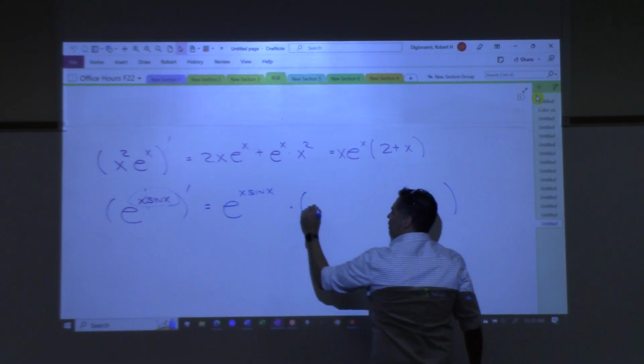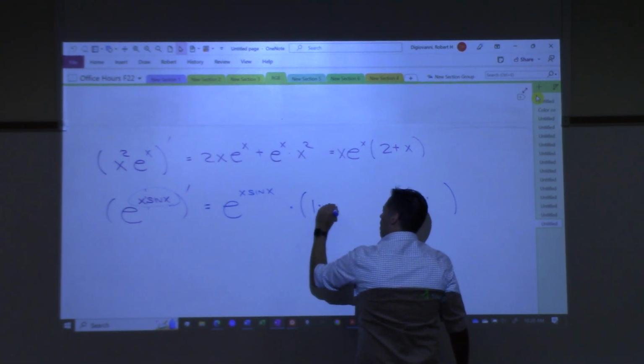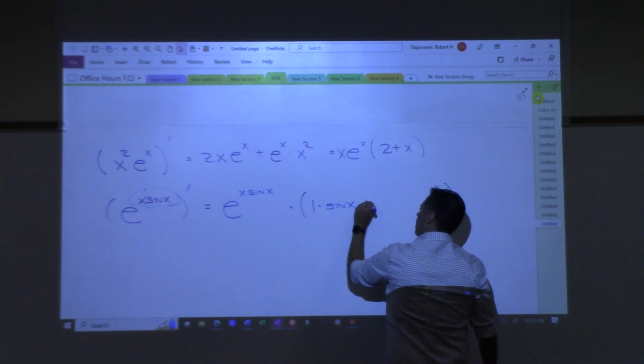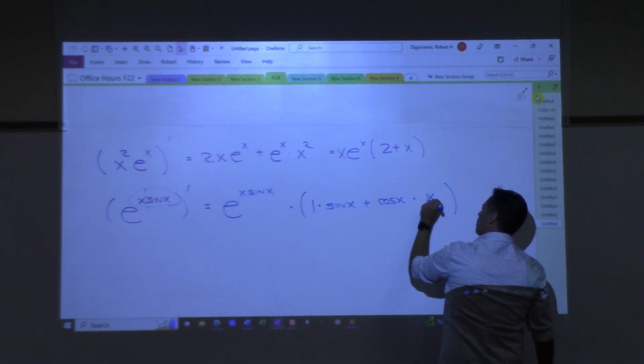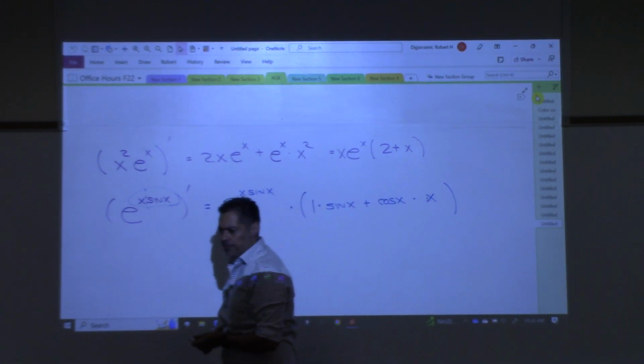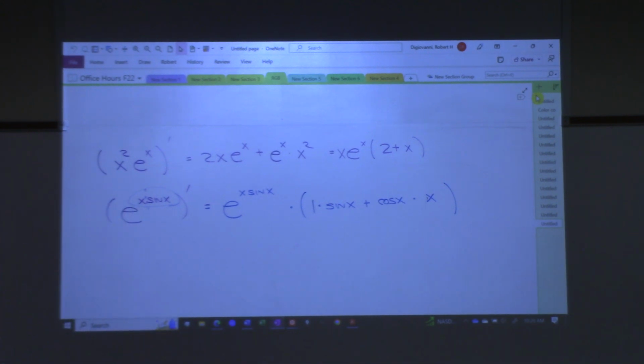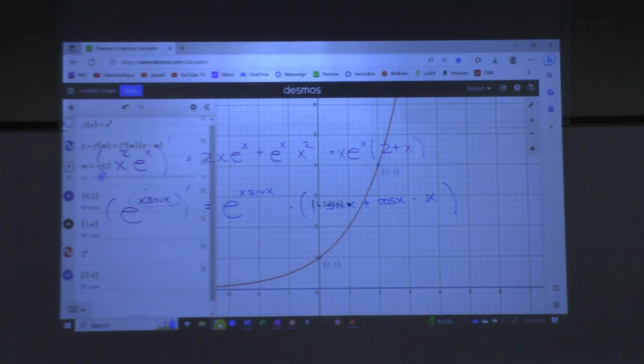It'll be the derivative of the first one, so derivative of x is 1 times sine x, plus the derivative of the second one, cosine x, times the x.